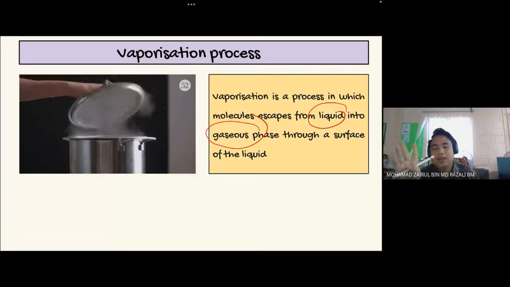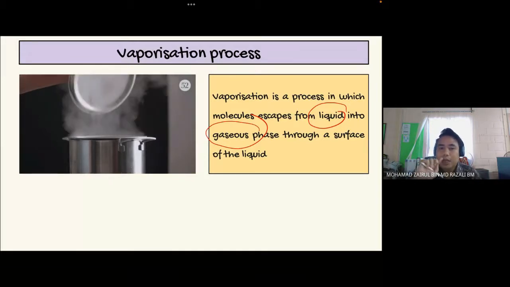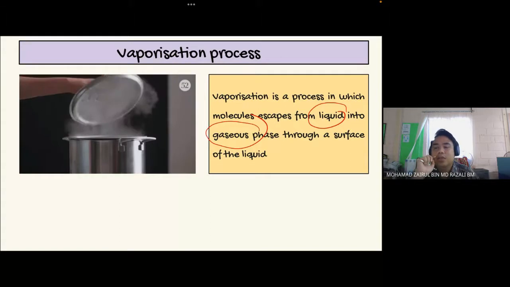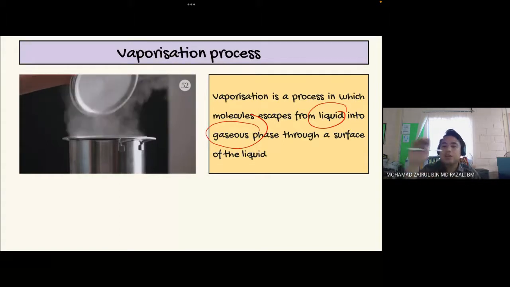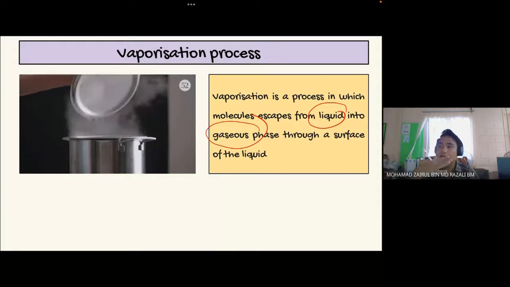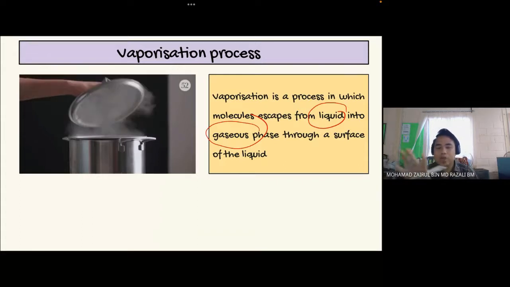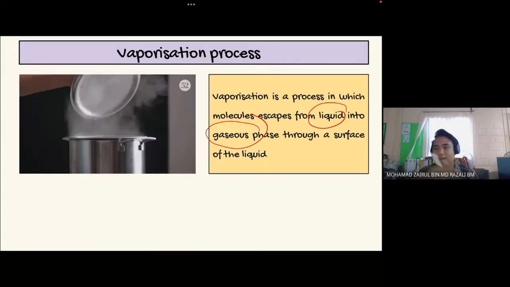Vaporization process dengan boiling process, kedua-duanya adalah proses yang diperlukan nak convert liquid kepada gas. Tapi beza dia, vaporization ni hanya berlaku dekat surface liquid. Dan vaporization ni boleh berlaku at any temperature. Compared to boiling, awak kena ada specific temperature baru liquid tu boleh boil.